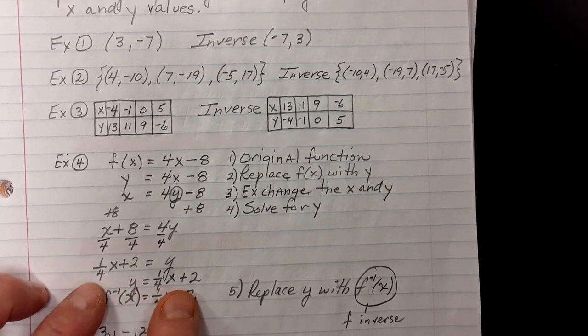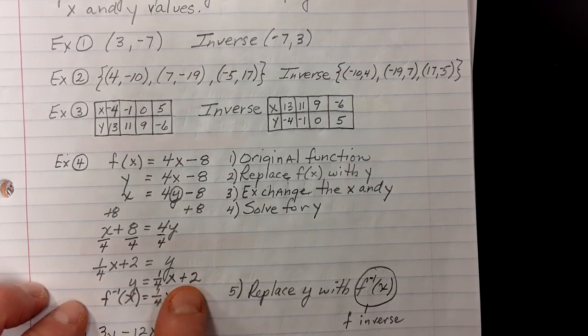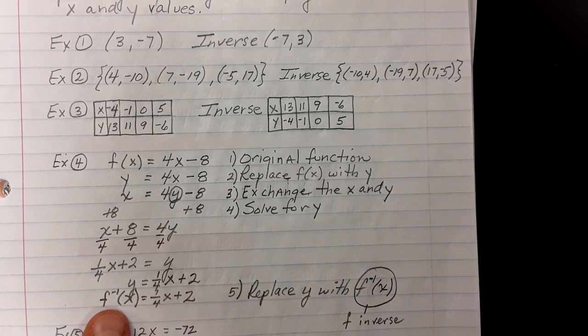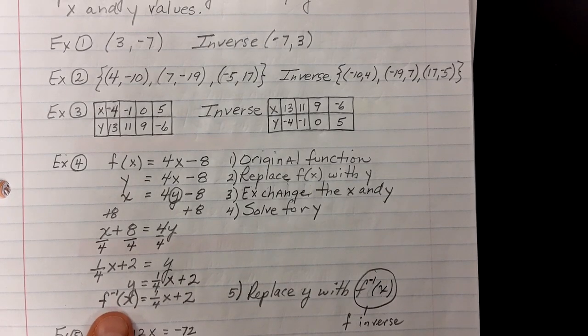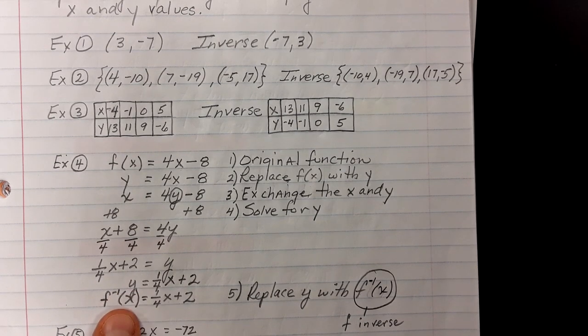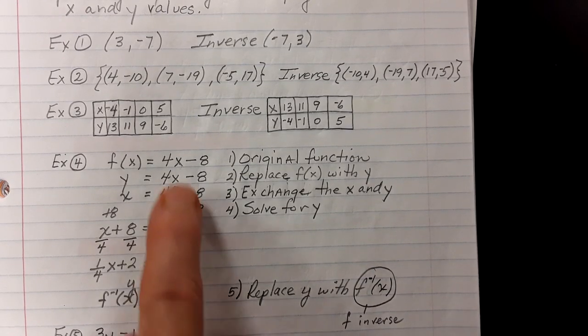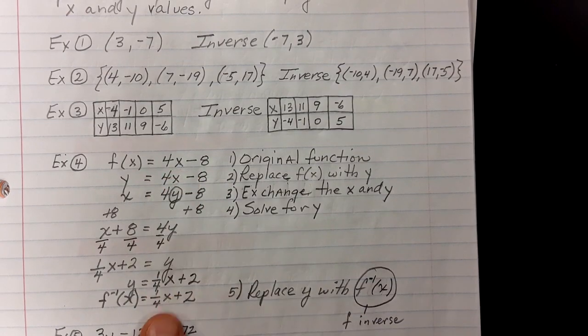Y equals 1/4 x plus 2 in slope-intercept form. And then you write this symbol. This means f inverse. So you replace the y with f inverse, because that's what the inverse function is, 1/4 x plus 2.